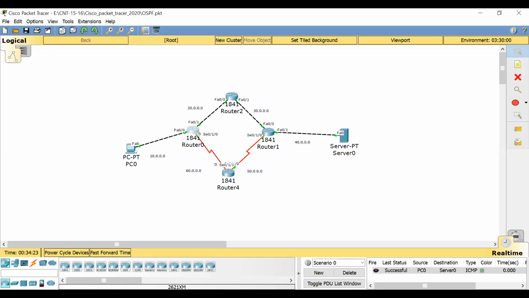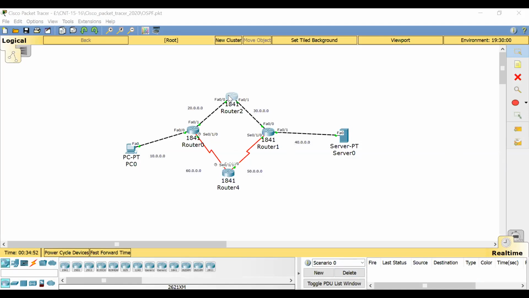First we'll see whether the transmission is successful or not. Okay, it failed at first, but via this path it is successful from PC to server.